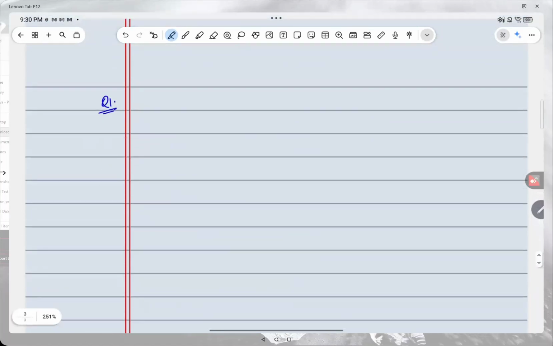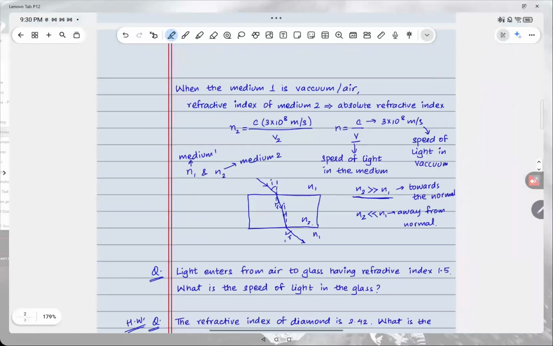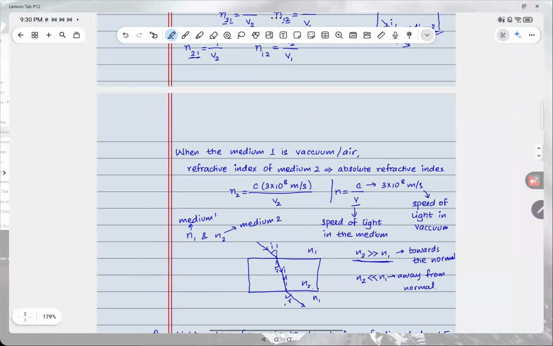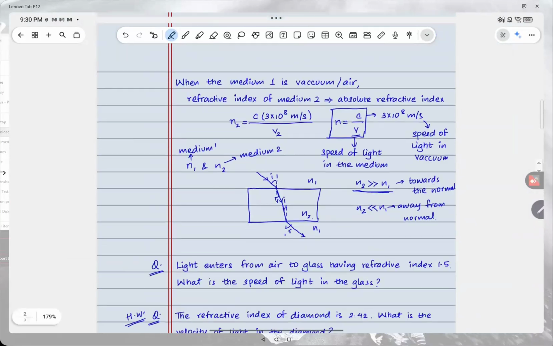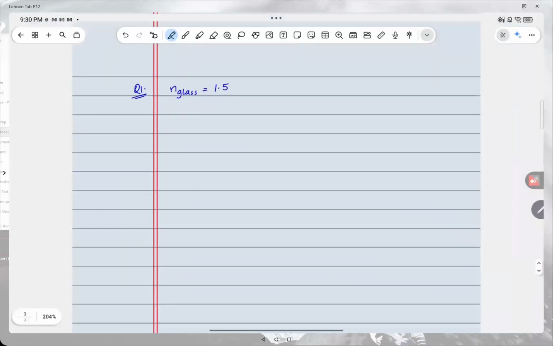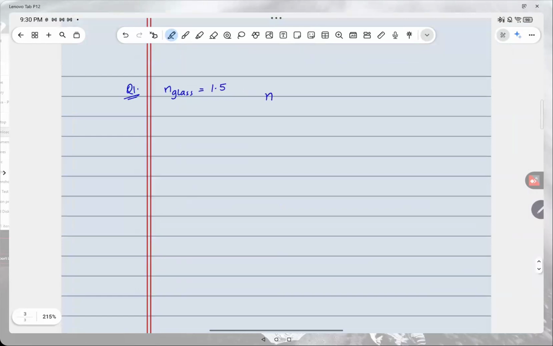We are given that the refractive index of glass is 1.5. We discussed that the formula for finding the refractive index of any medium is N equals C by V. So N glass is equal to C by V glass.